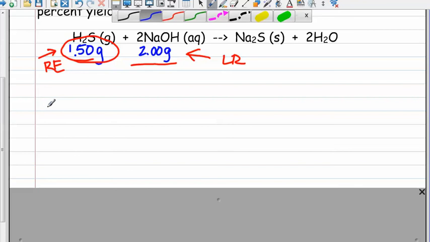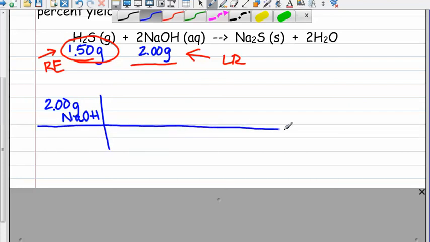Remember, always start with the limiting reagent, and in this case, that's our sodium hydroxide. I'm going to go ahead and convert this into moles using the molar mass of sodium hydroxide.